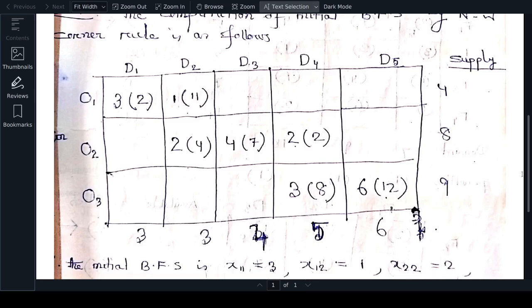In the cost 11 cell we give allocation, the remaining allocation is 1. Okay, when we give the allocation 1, then you see in row wise, this quantity is exhausted. Okay, so this is step number 2.